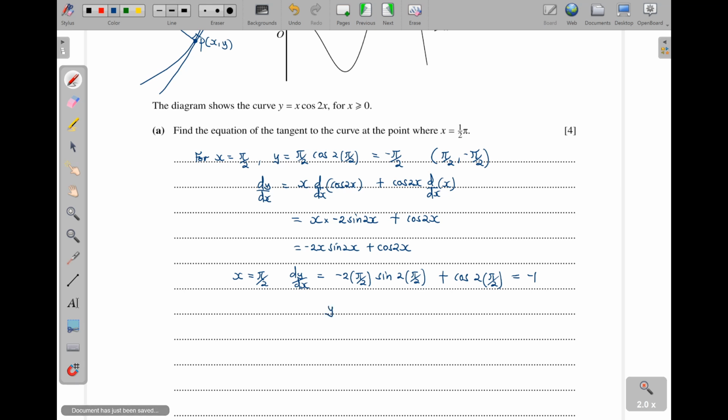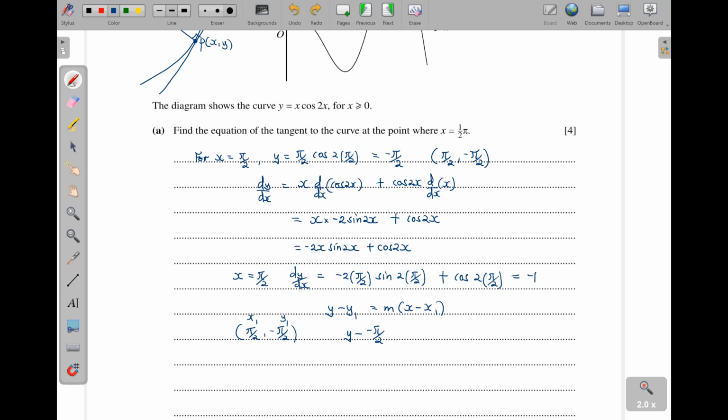Now using y minus y1 equals m into x minus x1, we are having this coordinate pi over 2 and then -pi over 2, where this one is going to be our x1 and then y1. So we just substitute here y minus, then minus pi over 2, and this one becomes a plus, right?